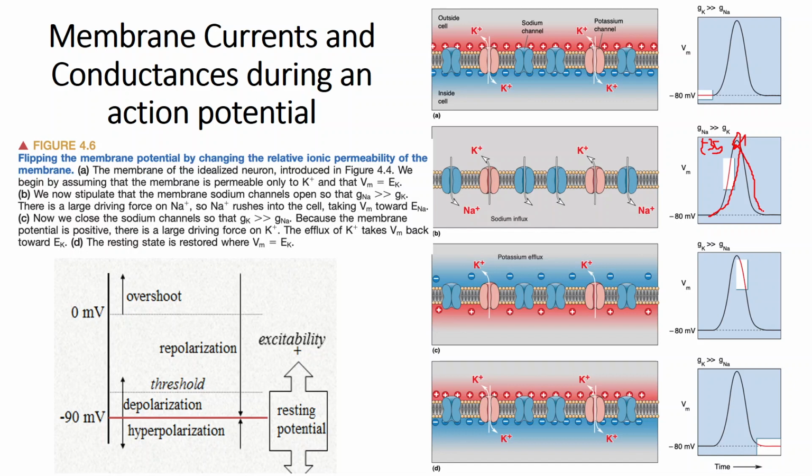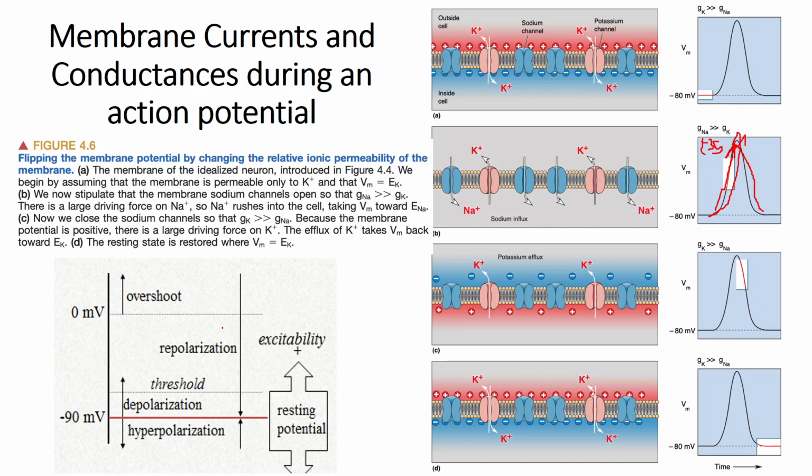So the bottom line is, what is responsible for the upstroke of the membrane potential, the slope going up, is the high conductance to sodium. And what is responsible for the downstroke of the action potential is the high conductance to potassium.